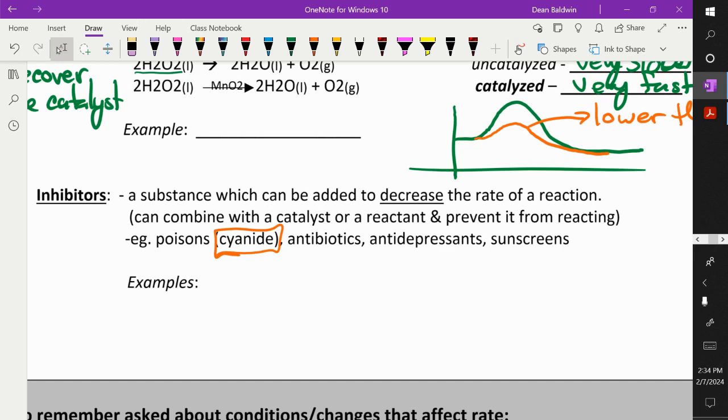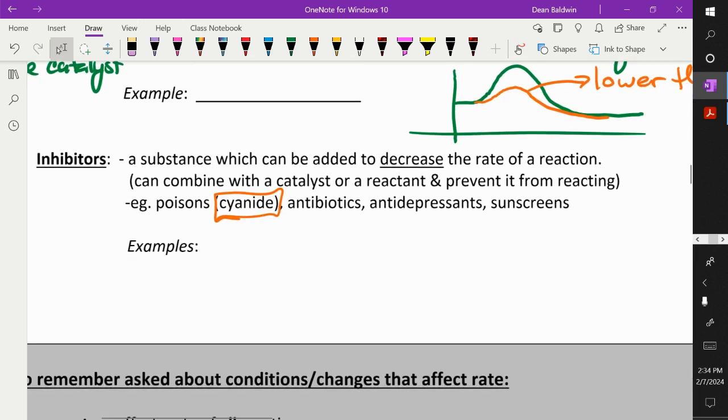So, did they tell you how cyanide works? Why does cyanide kill you? So what cyanide does, this is just a side note.